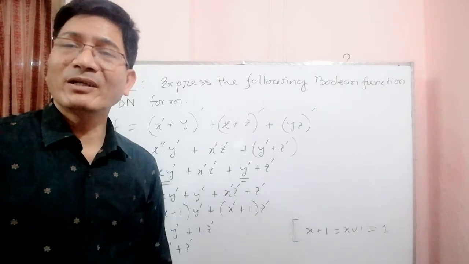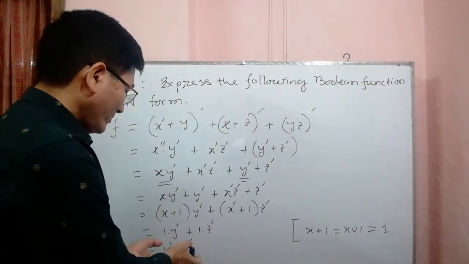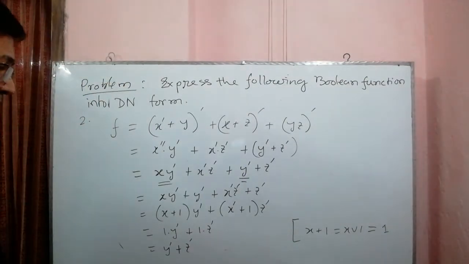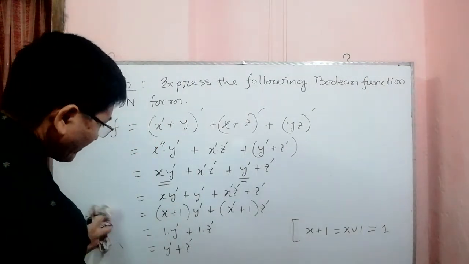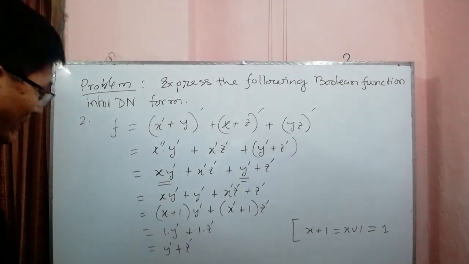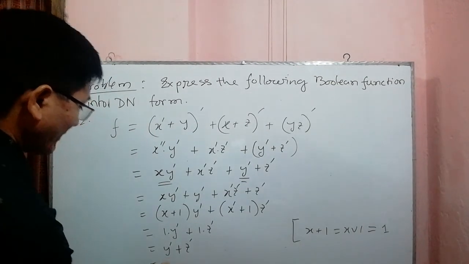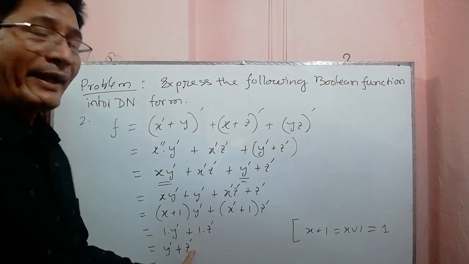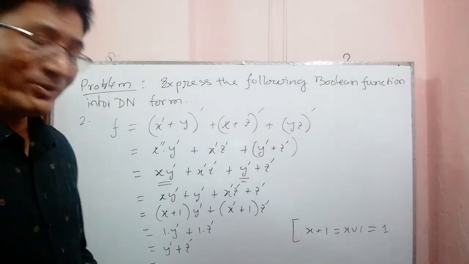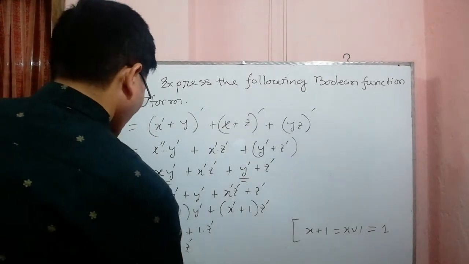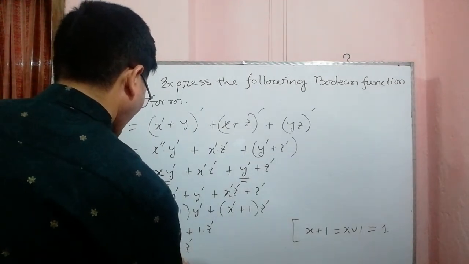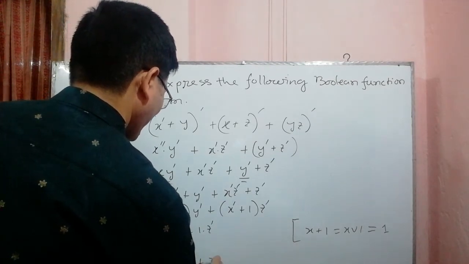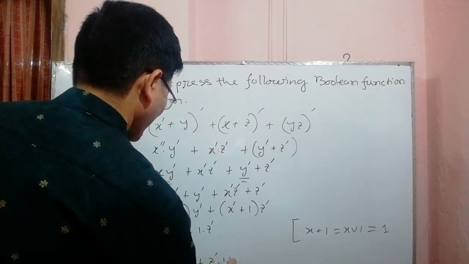We will multiply 1 with both the terms. Here x and z are missing, here x and y are missing. So we need two 1s: y prime into 1 and 1 plus z prime into 1 and 1.